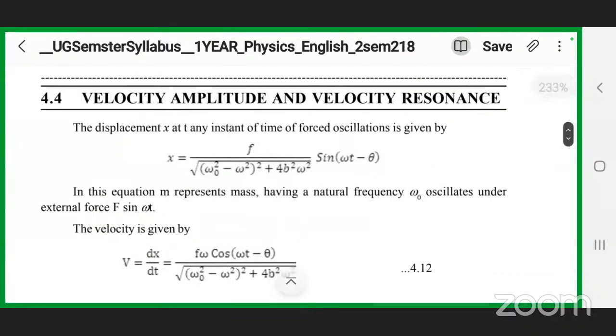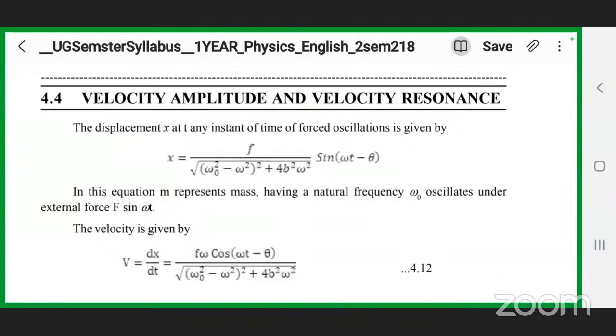the displacement of the forced oscillator, final equation 4.8: x equals F by m divided by the square root of (omega naught squared minus omega squared) whole squared plus 4b squared omega squared, into sine omega t. Here m represents the mass, and omega naught is the angular natural frequency, oscillating under the external force. What is the external force?